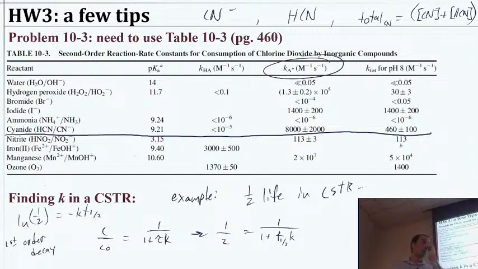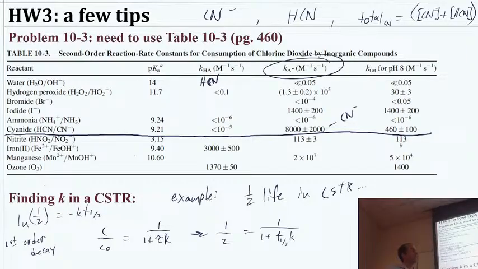So what this table is showing us is, first of all, it's giving us our pKa, so we know the ratio, given some pH, between HCN and CN minus. Then we have a rate constant for the reaction of HCN. So in this column, we can treat this as HCN. And in this column, we can treat this as CN minus reactions.